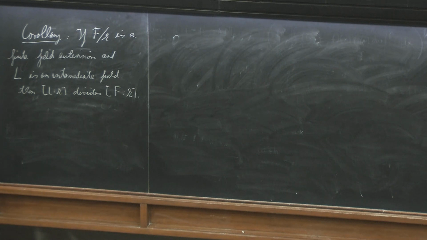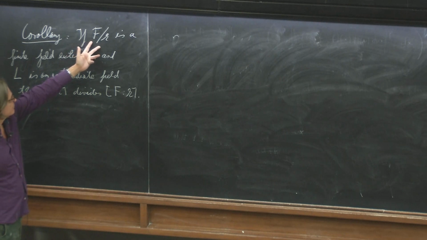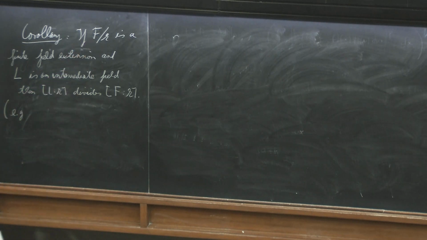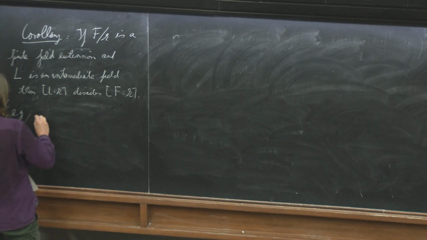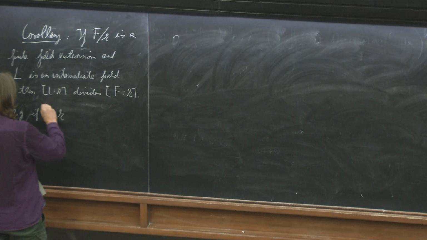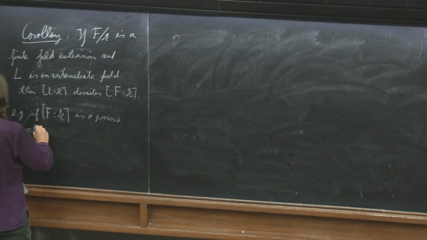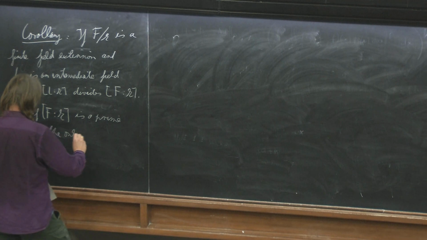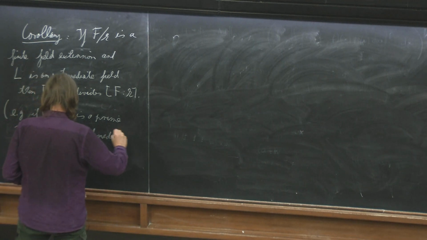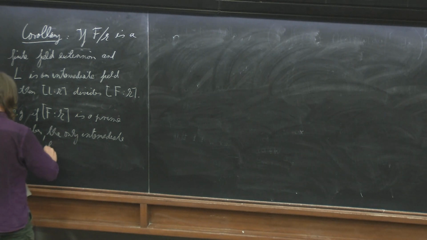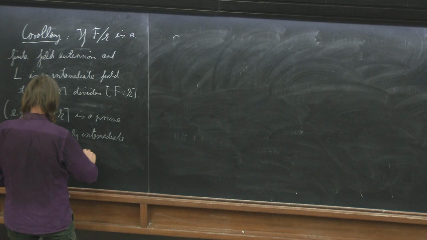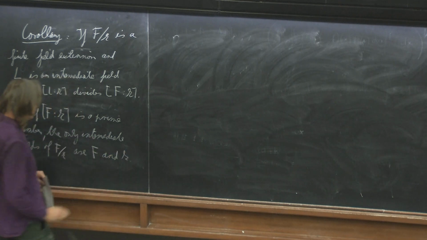So in particular, if the degree of this field extension happens to be a prime number, there can be no non-trivial intermediate field, or the intermediate fields can only be F or K. So if the degree of the field extension F over K is a prime number, the only intermediate fields of this field extension are F and K. Okay?